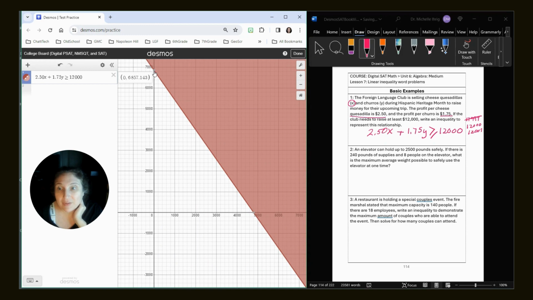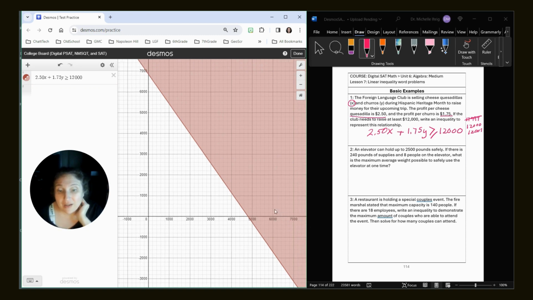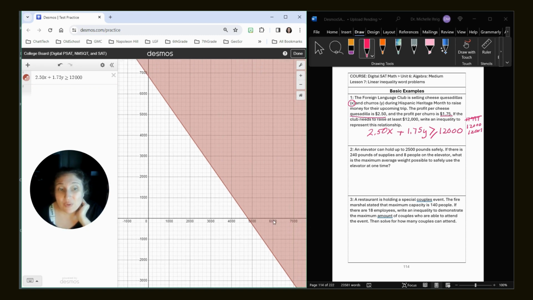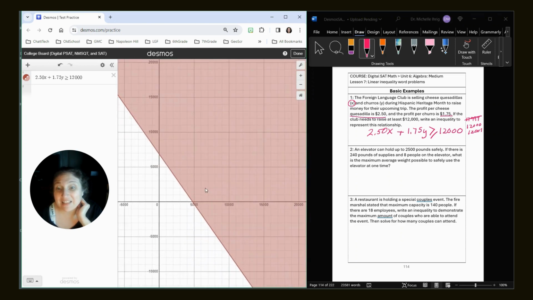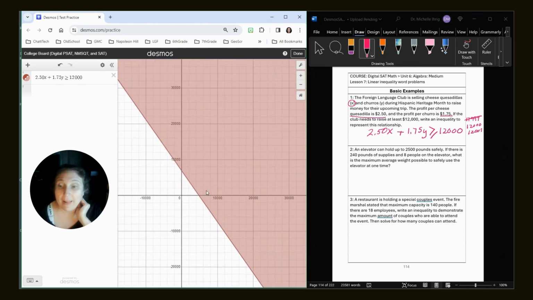For example, if they sold no quesadillas, but they sold 7,000 churros, that would be fine. If we came over here and they sold 6,000 quesadillas, but no churros, it would be fine. Anything in this red section would be fine. Also, anything on that straight line would also be fine because it's not dotted. Remember, if it's on a dotted line, it doesn't count.